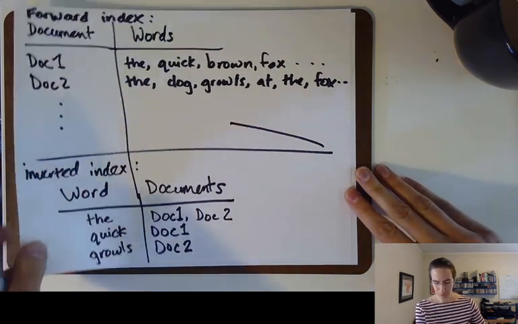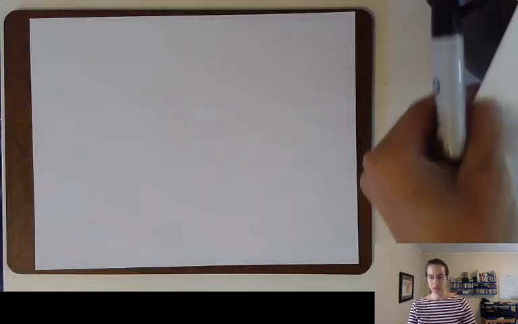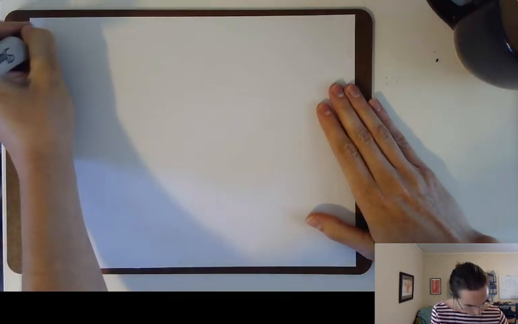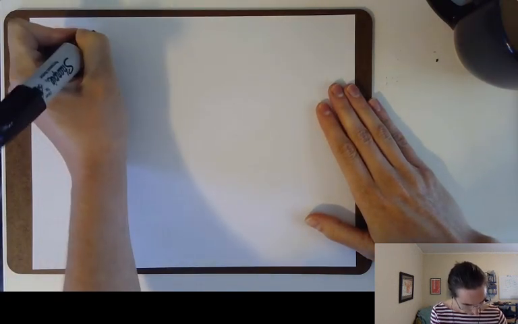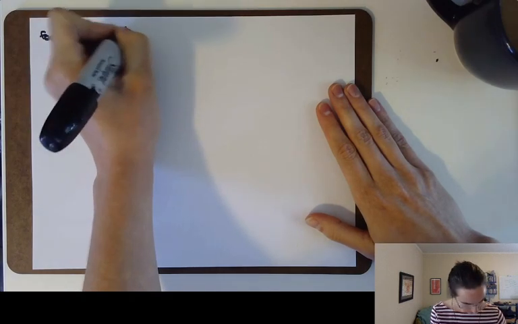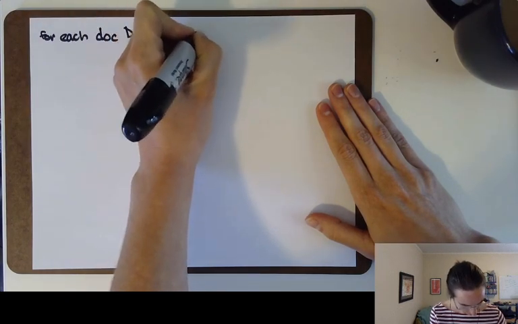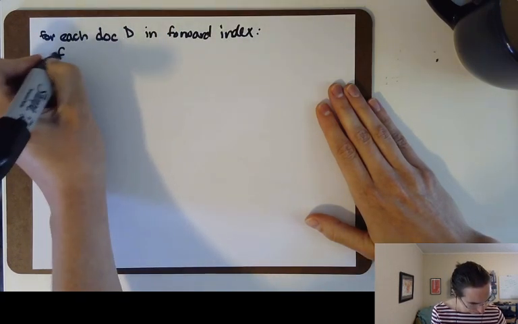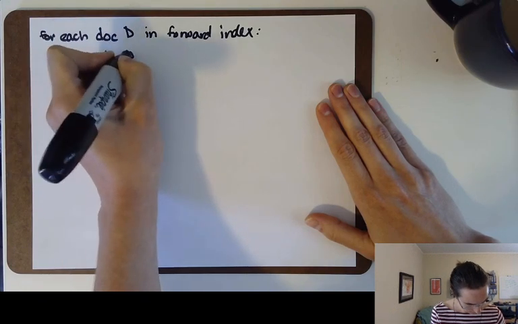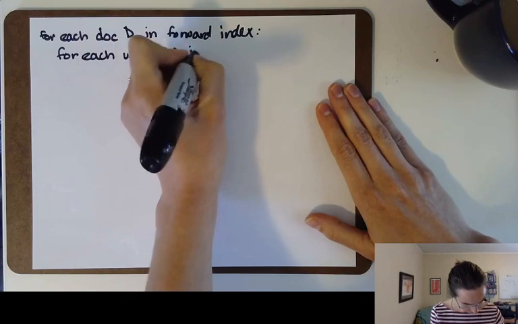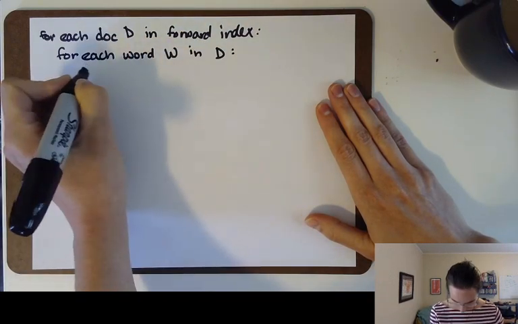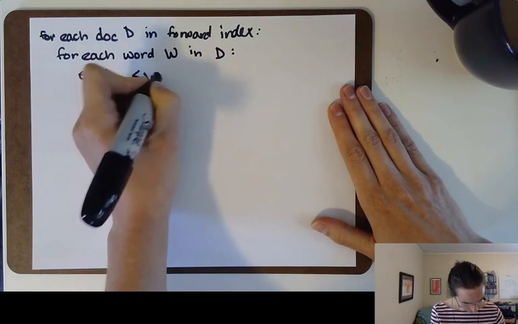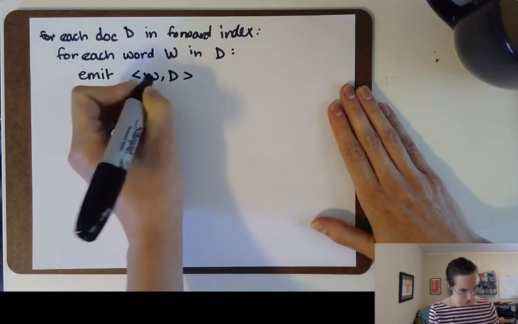So we might have something like this. For each document in the forward index, and then for each word, you're going to emit those pairs of the word and the document.